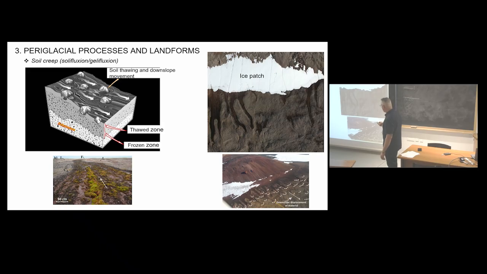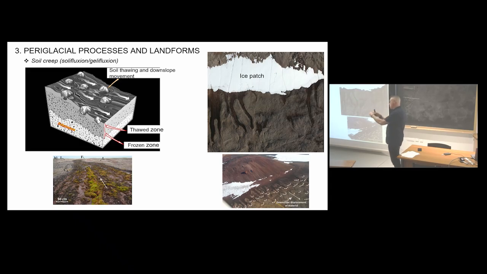So an example of that, you have here an ice patch, which is snow that recrystallizes into ice over years. So you also have in the summer melting of this ice, water that is released, and then you have the sediment that starts moving down slope like that. So these lobes that we see are about 400 meters long.